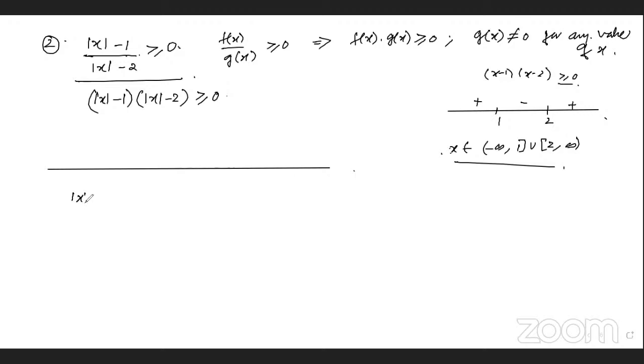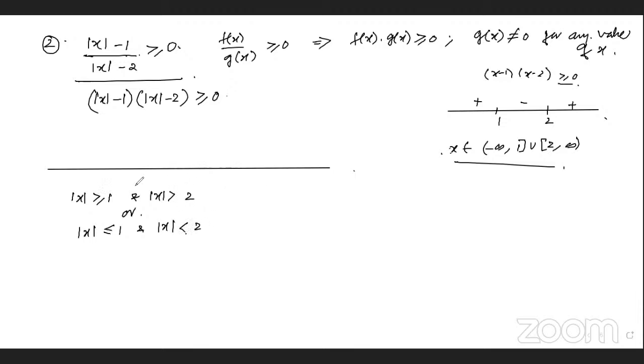One, mod x will be greater than or equal to 1 and mod x greater than or equal to 2. एक possibility ये है. दूसरा होगा mod x less than or equal to 1 and mod x less than or equal to 2. दो possibility हो सकती है. यहाँ पर equal to 2 नहीं होगा. I'm sorry, because ये denominator में था, इसको inequality यहाँ पर जोड़ दो. So it will be just greater than 2 and just less than 2.